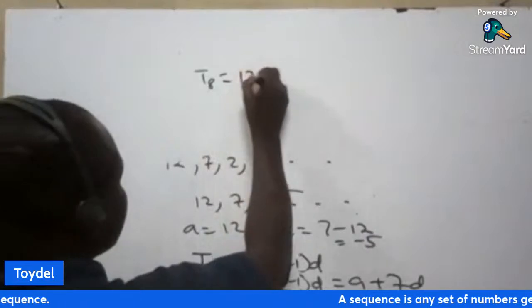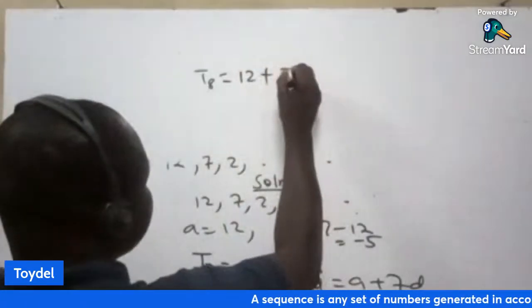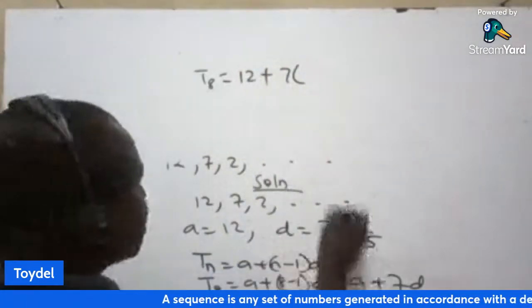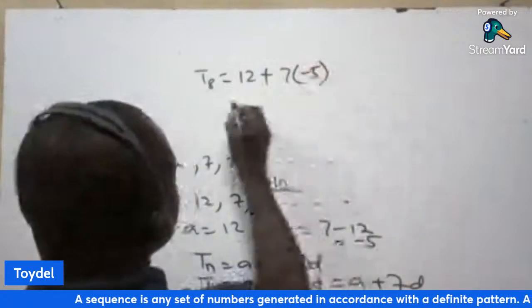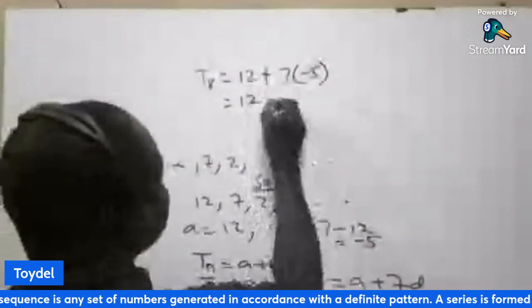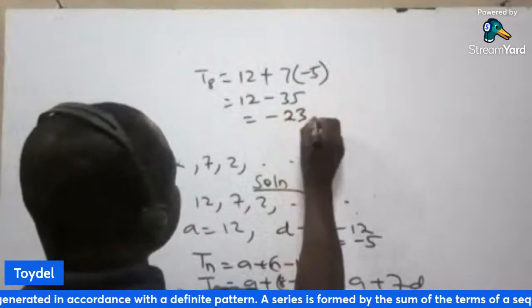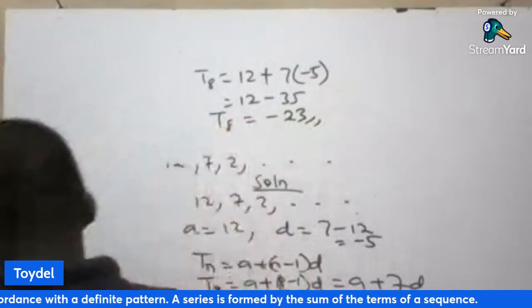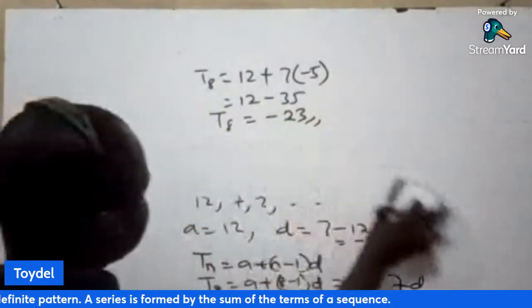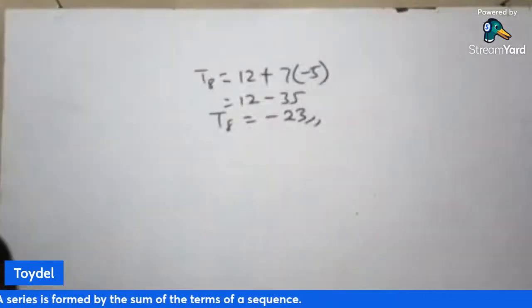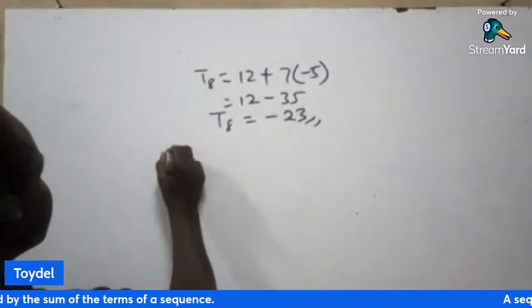So we say 12 plus 7 multiplied by d, which is minus 5. Then we have 12, 7 times 5, that's minus 35. So we are going to get the 8th term to be minus 23. So T8 is equal to minus 23. That's the 8th term. Then we are also asked to find the 15th term.